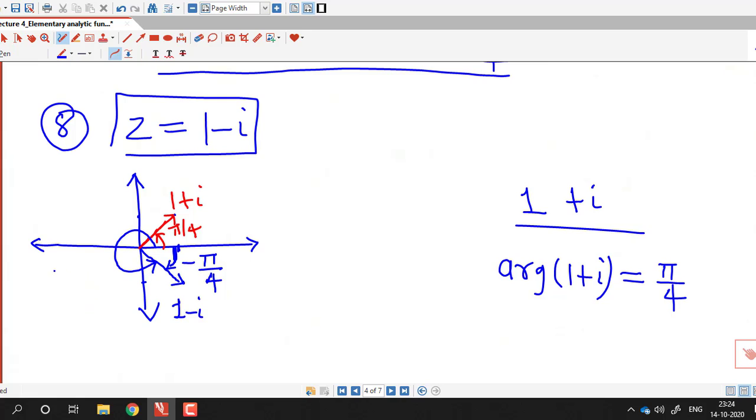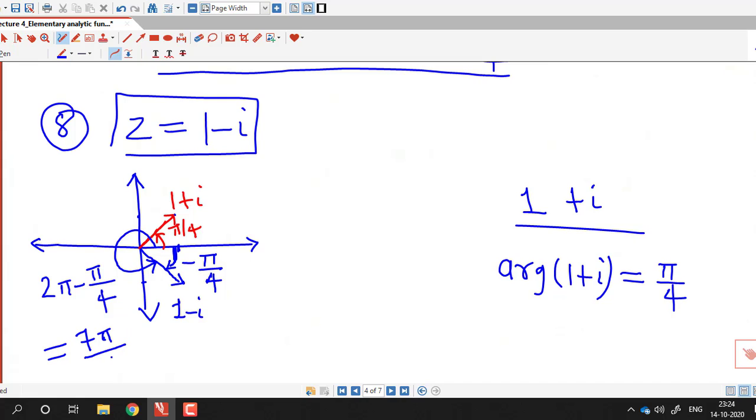If we wish, we can measure in this direction also. So in that case, it is going to be 2 pi minus pi by 4, because this angle is pi by 4, so this is also pi by 4, or the whole angle is pi by 4 and we are interested up to this, so we have to subtract this pi by 4, so it is going to be 7 times pi by 4.